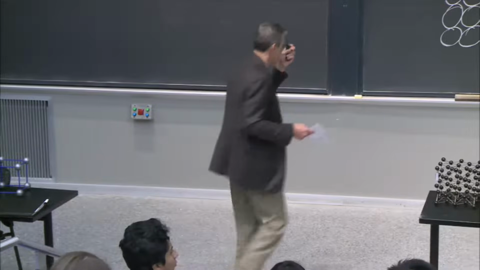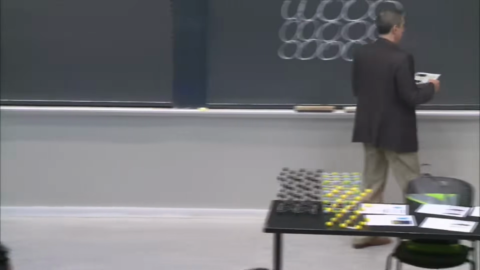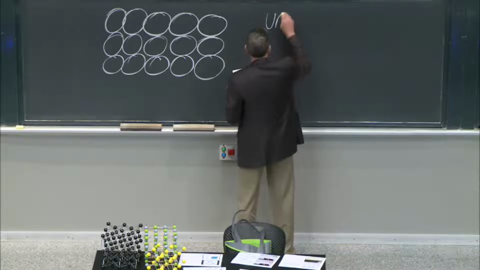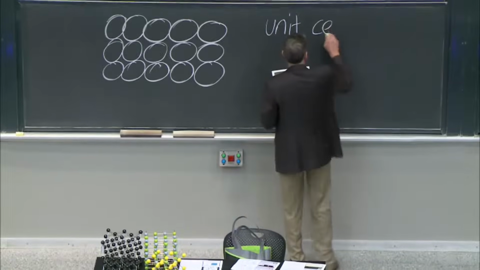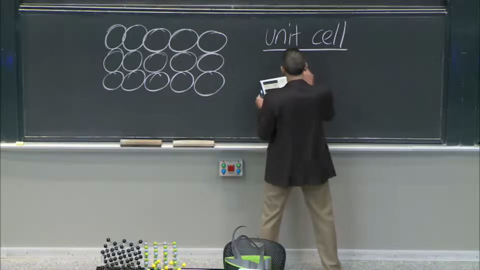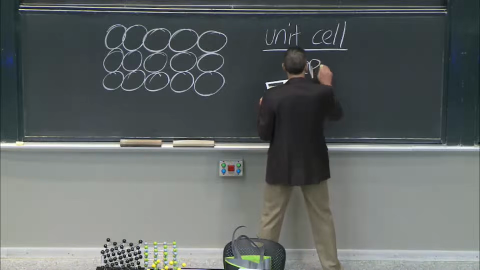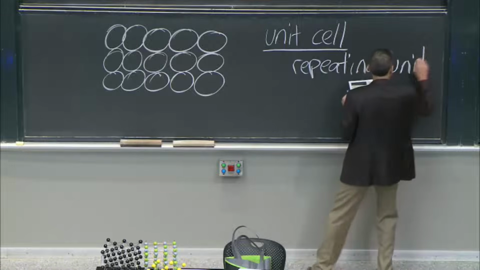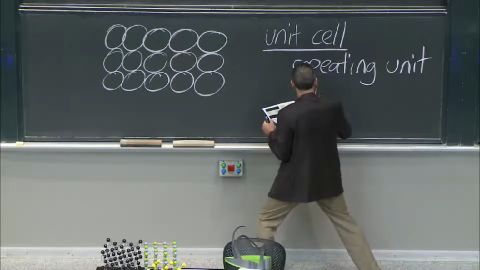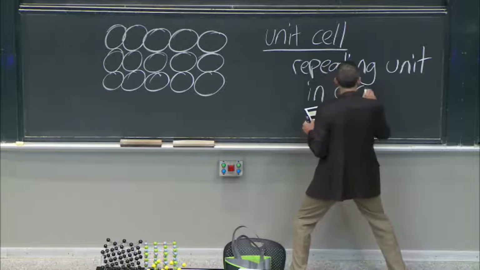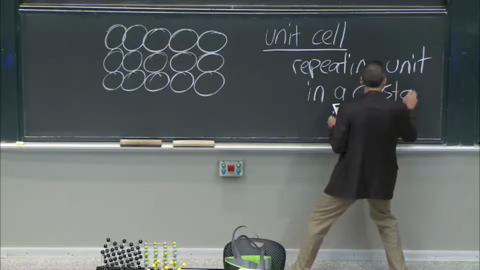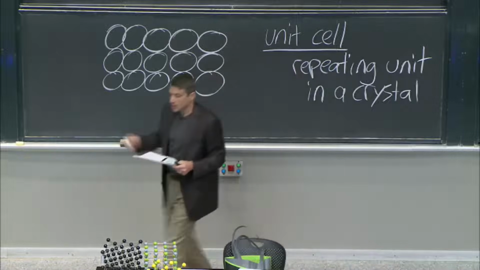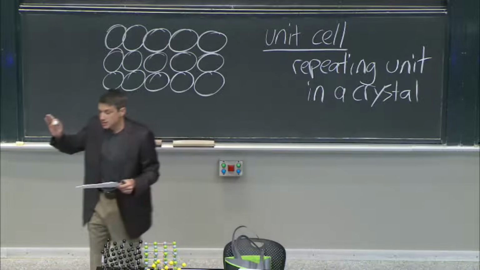We have a definition. It's called a unit cell. It's the repeating unit in a crystal. Now, it's not always obvious.